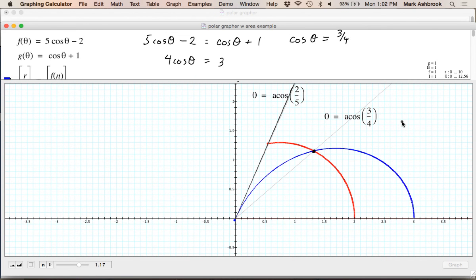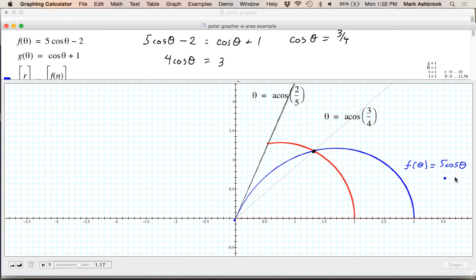Okay, so if I look at this here, this was our half of the inner loop on the one we've been working on, right? This is f of theta, 5 cosine theta minus 2.